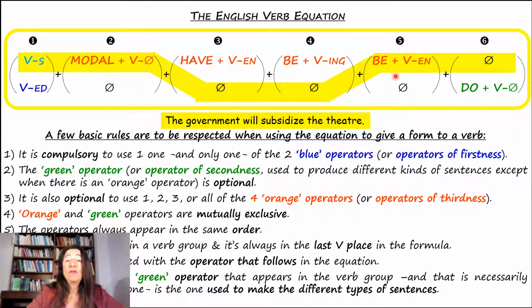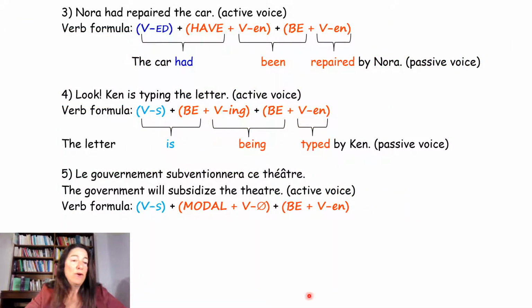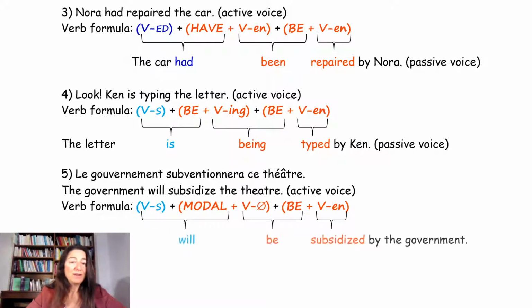So we add the formula for the passive voice. And then the formula we want to use to find the right verb form is VS plus modal plus V0 plus be plus VEN. And then we know how to combine the operators and come up with the right sentence. The theater will be subsidized by the government.